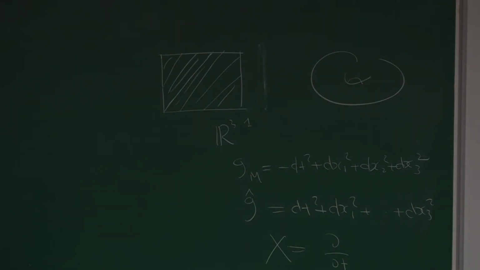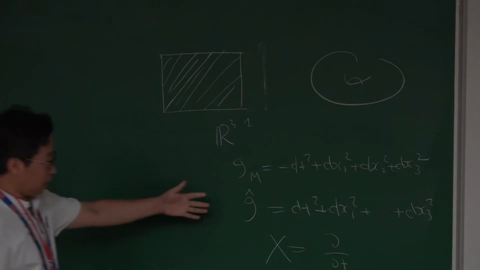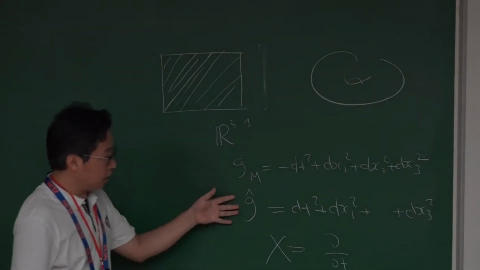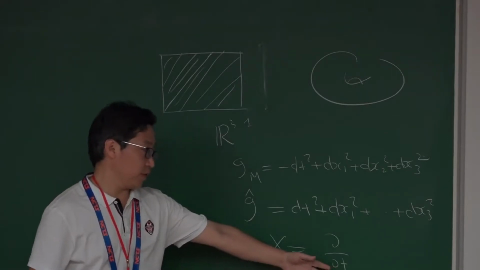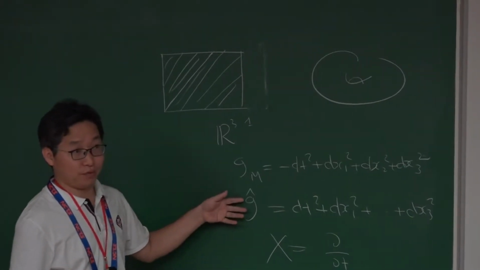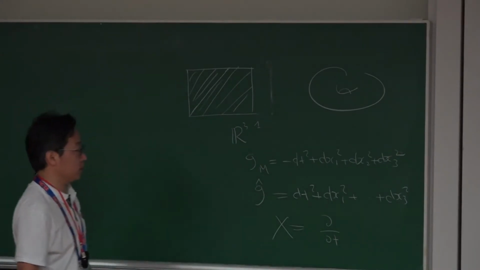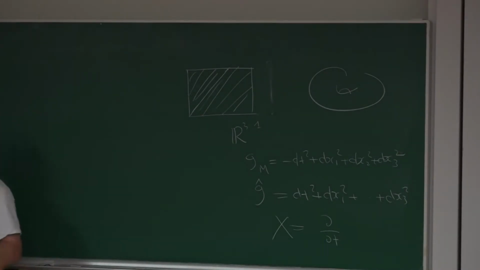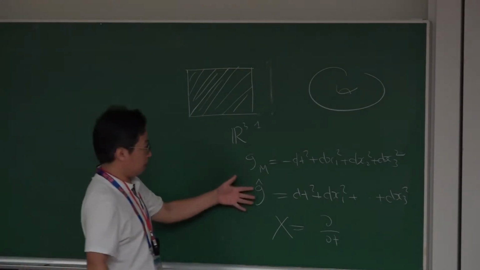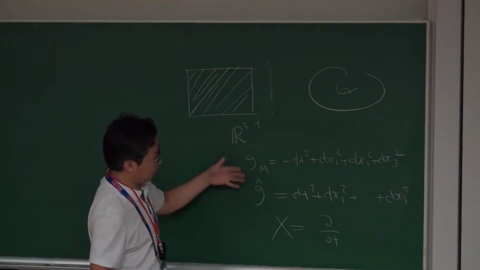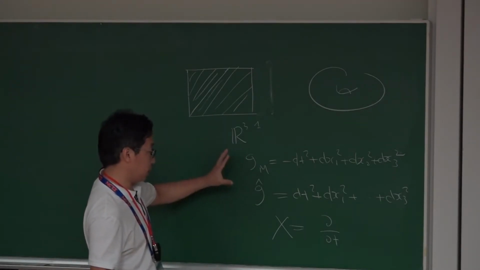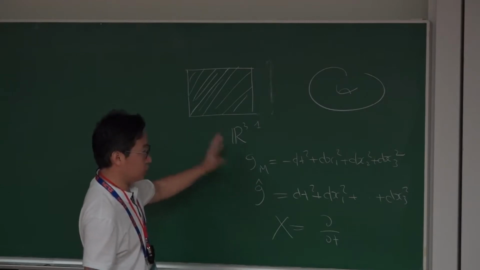It is very interesting that for this Riemannian metric G hat, this vector field is still a Killing field. You can prove it. It's not difficult. And we can actually relate the Riemannian geometry of this one with the Lorentzian geometry of this one, so you can compare the geometric properties of these two manifolds.